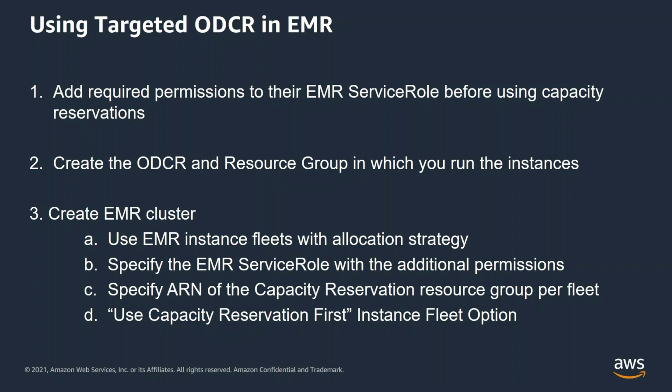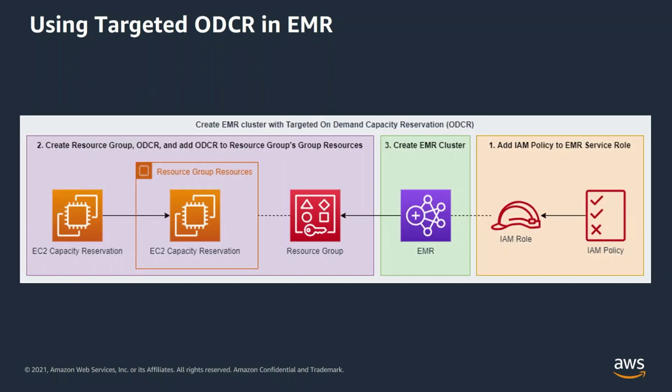You also want to specify the service role from step 1, and the ARN of the resource group from step 2. Then you'll need to use the use capacity reservation first instance fleet option. For a more visual review of what we just talked about, starting on the right side, we have the IAM policy that we're creating and attaching to the EMR service role.